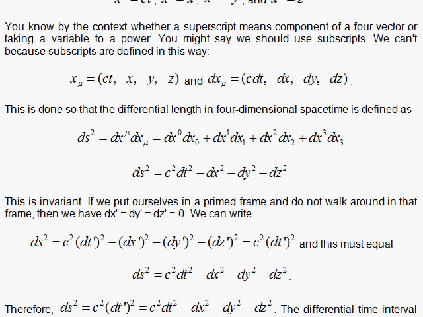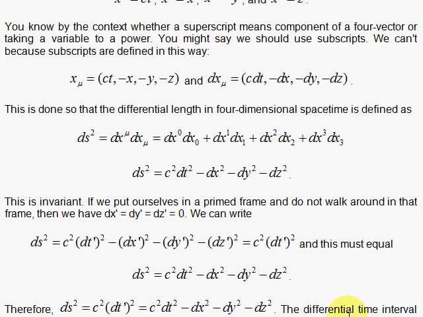If you look at two frames of reference, say a prime frame and an unprime frame, you basically do the same thing. But what I want to do is make the dx, dy, and dz in one of the frames equal to 0. So I just have c squared dt prime squared. All right.